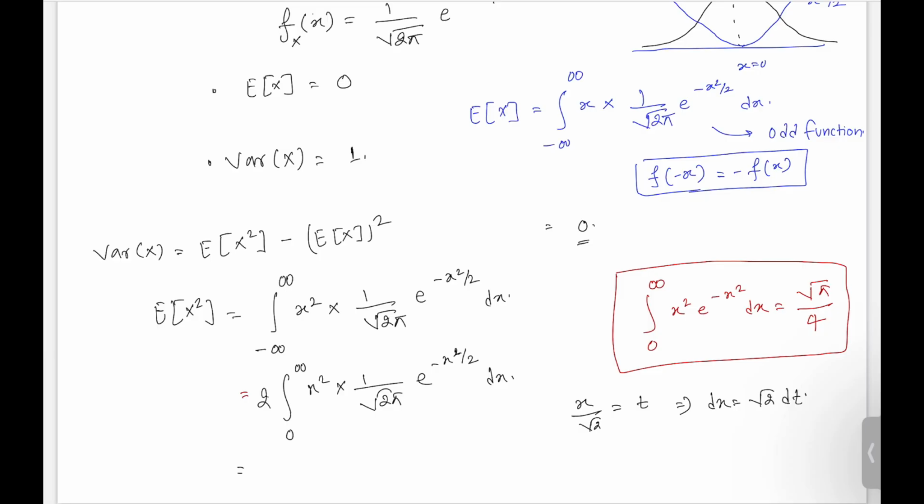Now we can substitute, 0 to infinity. So what will be x square? x square will be 2t square, right? So we can put here 2t square, and this will be a constant term, so let's put it outside of this integral.